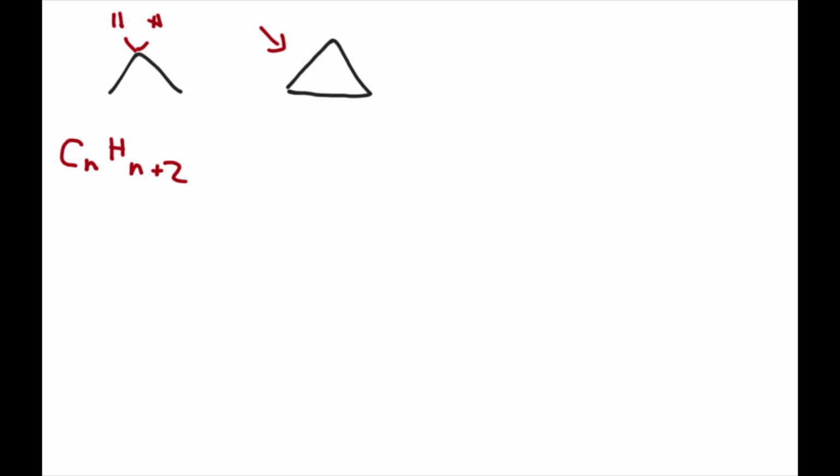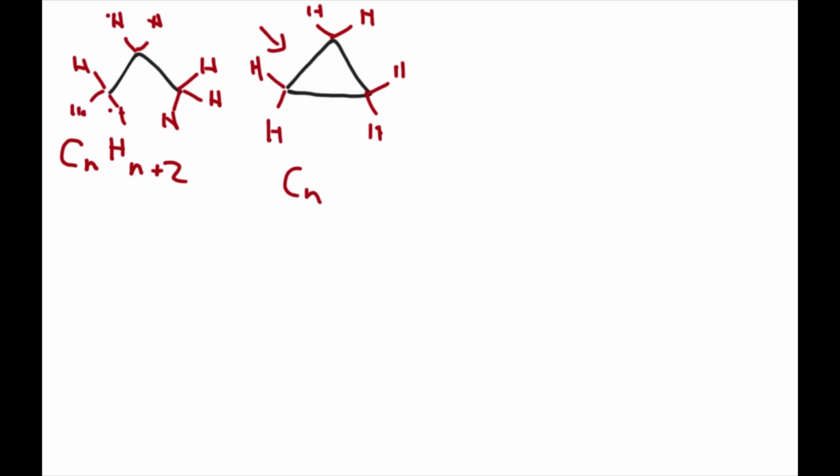I've got 2 here, 1, 2, 3, 4, 5 here, 6, 7, 8 hydrogens. Whereas on this cyclic structure, I've got 2 hydrogens here, 2 hydrogens here, and 2 hydrogens here. So overall, this is a CnH2n, and that's mainly the difference.